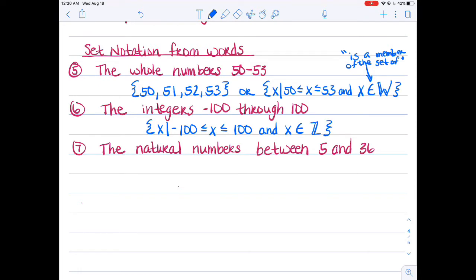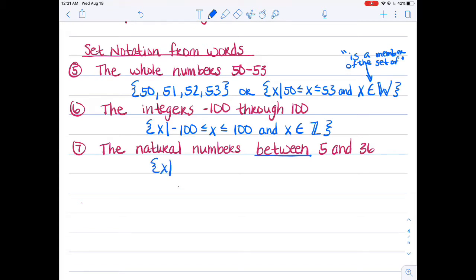All right, finally, natural numbers between 5 and 36. I want you to notice the word between here. Okay, so between means that it's in the middle, but it doesn't include it. So we would not have an or equal to in this case.